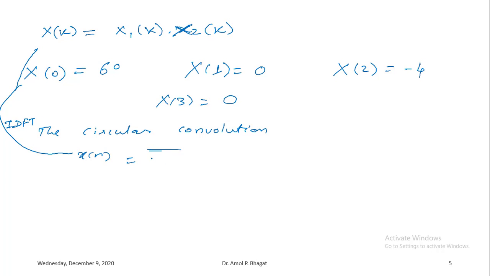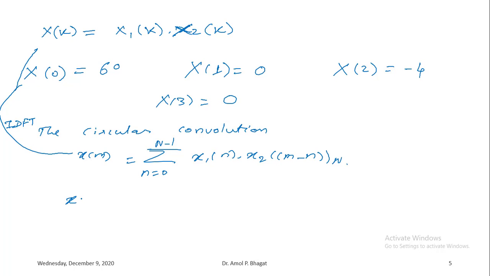In time domain, it is nothing but the circular convolution, x1 of n multiplied by x2 of m minus n. So to get this circular convolution result, we have to take the inverse discrete Fourier transform, that is IDFT of this X of k, right?